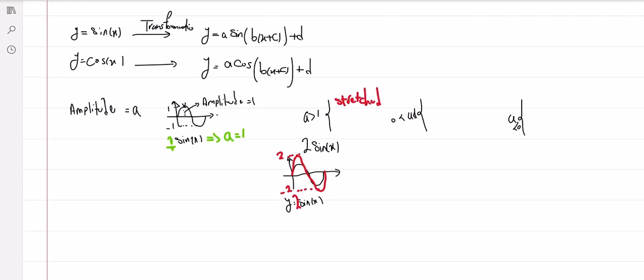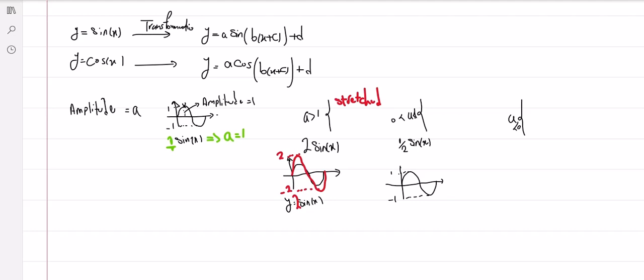Now, what happens if the a value or the coefficient of sine was a value, for example, 1 over 2? So we want to draw 1 over 2 sine of x. Again, we're gonna draw the sine of x. Again, these values are 1 and minus 1 as in the previous example.